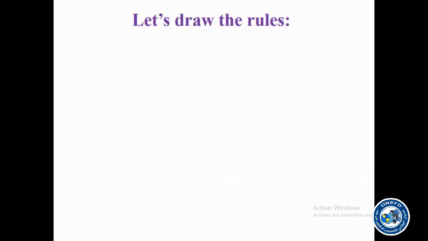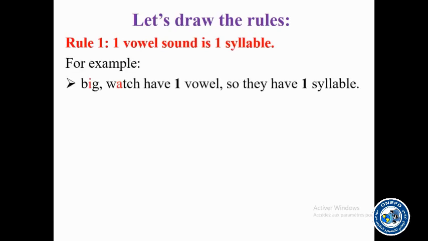Good. So let's draw the rule from what we saw now. Rule number 1: 1 vowel sound is 1 syllable. Big is 1 syllable. Watch is 1 syllable because there is only 1 vowel sound.